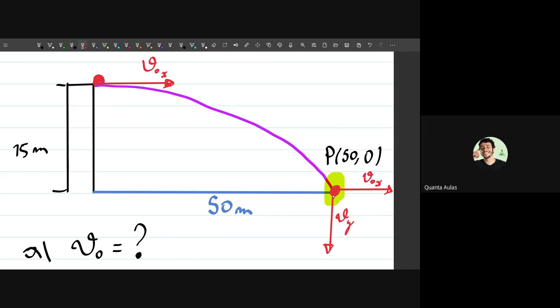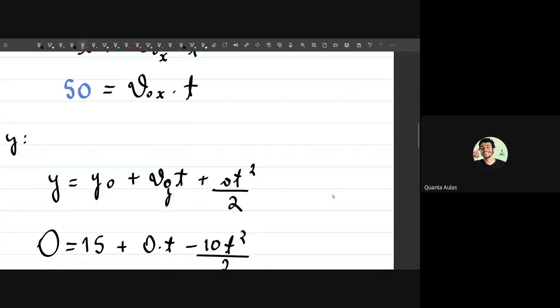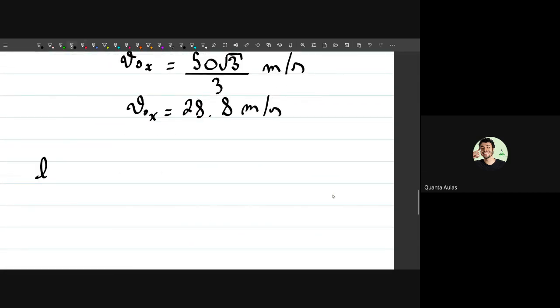So we need to use the equation of the velocity here, because we have the time, we have the acceleration, right? You just use the equation of the velocity, very easy. And next, we need to sum these two velocities, the x velocity and the y velocity.